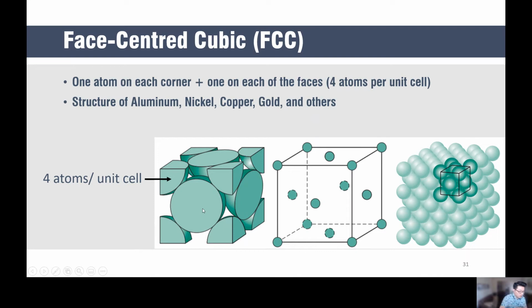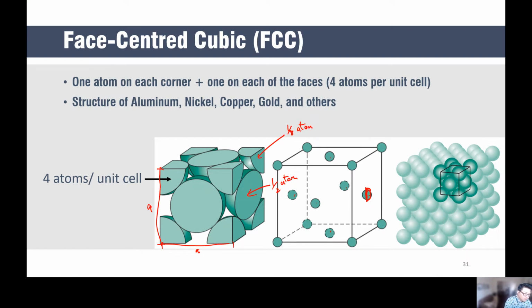And so we now have a unit where this is A, this is A, and we have 1, 2, 3, 4, 5, 6 extra atoms that are half. If you think about that, these are half atoms. Now these are 1/8 of an atom.